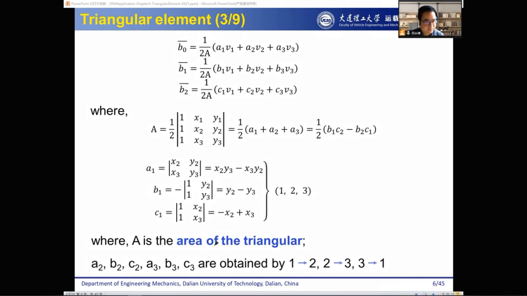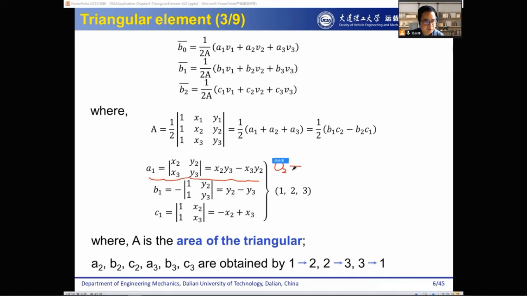This sentence means A2, B2, C2, A3, B3, C3 are obtained by replacing those numbers. We have the expression for A1, so from here we can get A2.